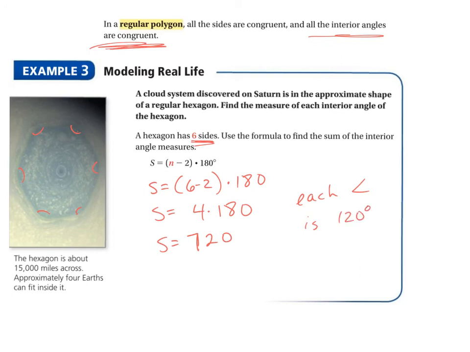Anytime it says regular polygon in your homework, it's going to want you to come up with the total interior angles and then divide by the number of angles inside of it. The number of sides creates the number of angles. So if it has 6 sides, it also has 6 angles. Okay, hopefully that helps. See y'all later.